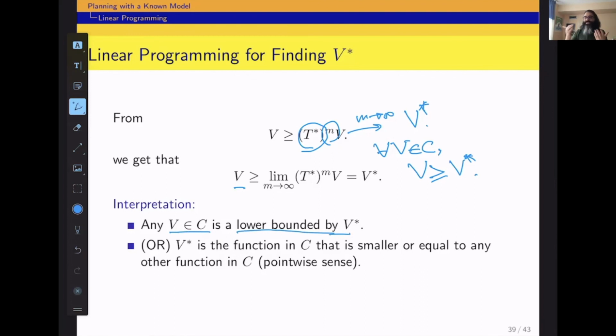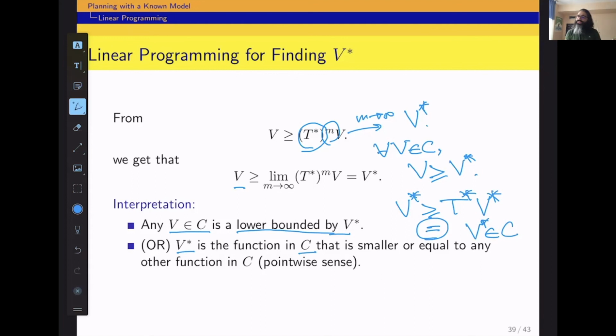Or, changing the direction of talking about it, v star is a function in C, because v star satisfies the inequality with equality. So v star also belongs to C. So v star is a function in C that is smaller or equal to any other function in C. And smaller or equal is pointwise as usual, for any state it is always smaller.